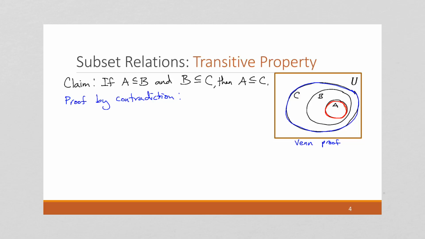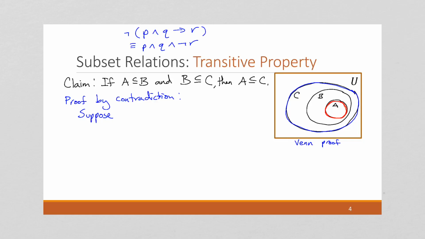I'm going to suppose, so again, this is going to be P and Q implies R. So to negate this, it's going to be P and Q and not R. Right?